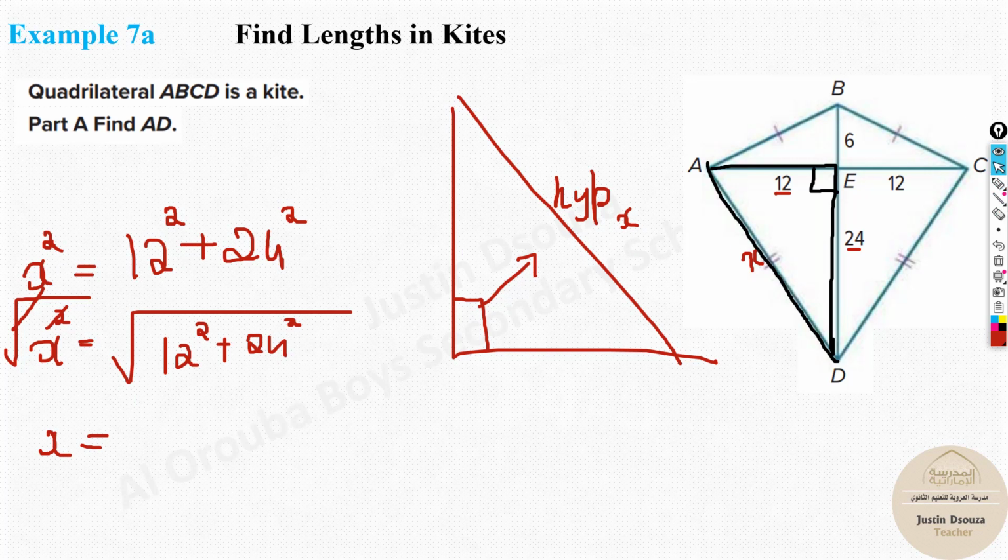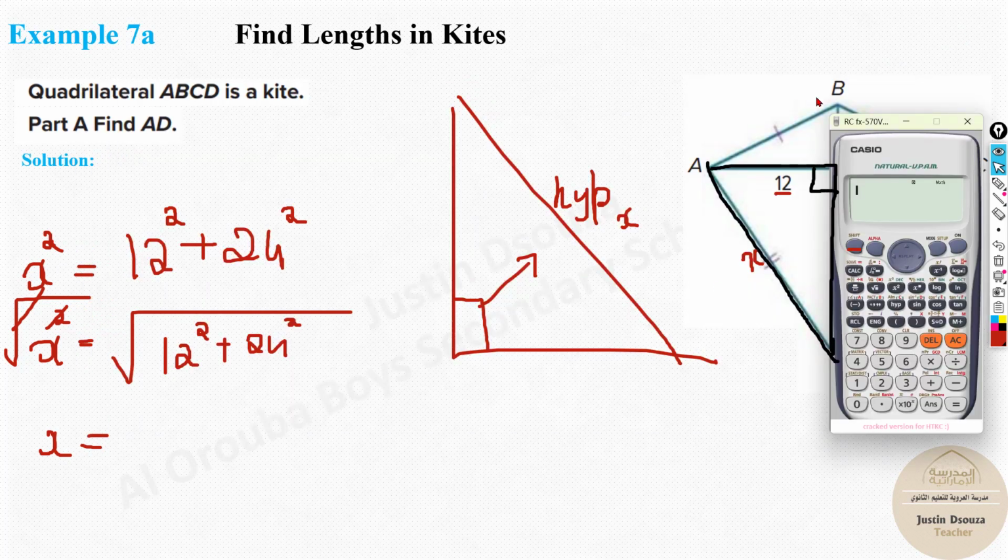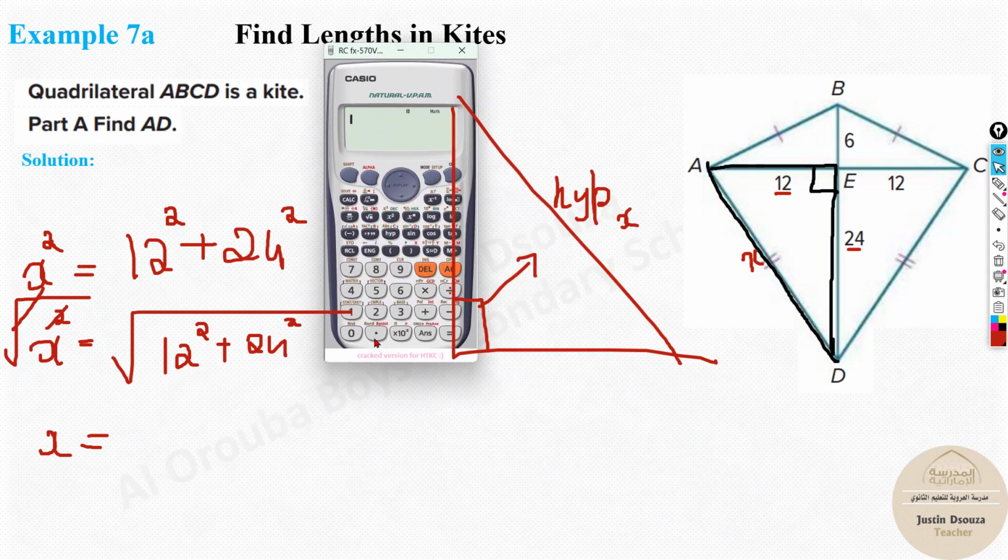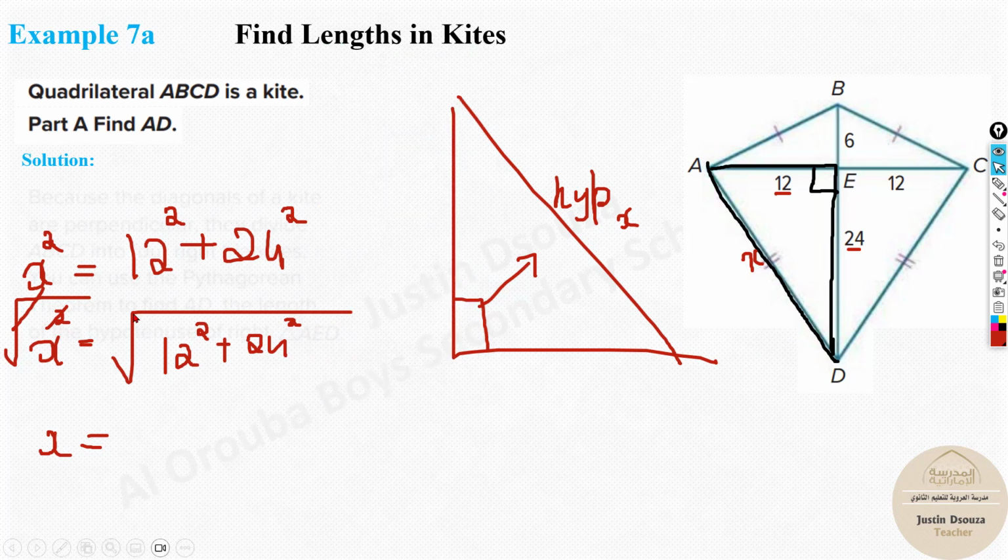Now here you can just use the calculator. Okay, over here it is 12 squared, which is 144. Let's take the root of 12 squared plus 24 squared, and what is the answer? It's 12 root 5. So that would be AD, or it is 26.83.